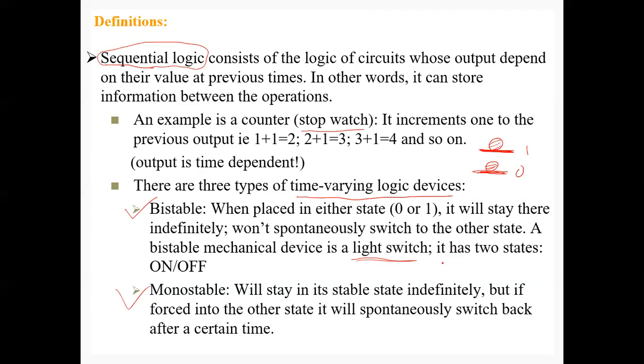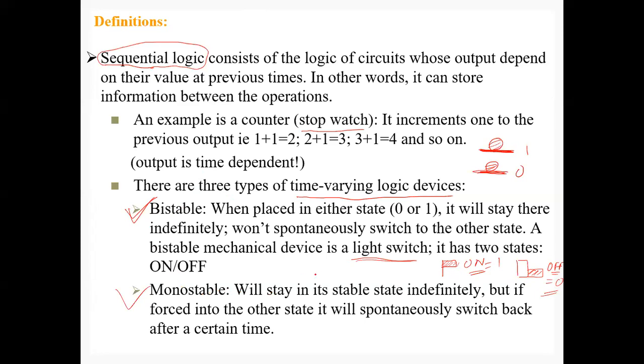If you have a light switch, you have on and off. When you turn it to on, it stays on forever. When you turn it to off, it stays off forever. So on means 1, off means 0, right? This kind of device is called a bistable device.